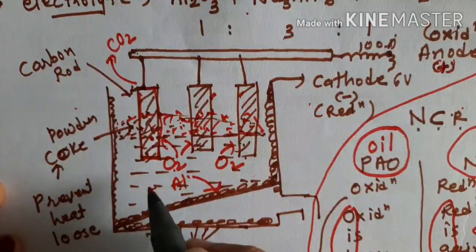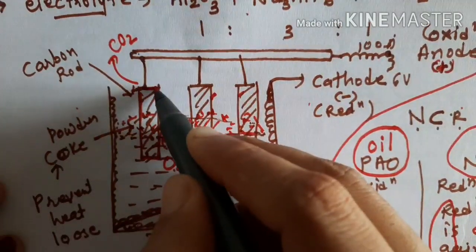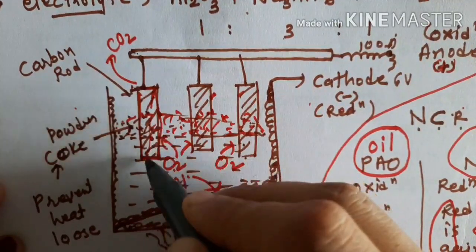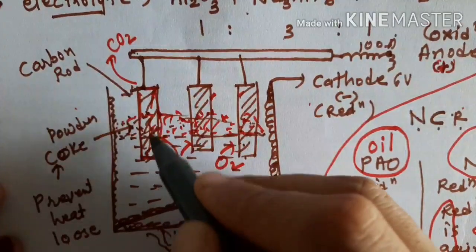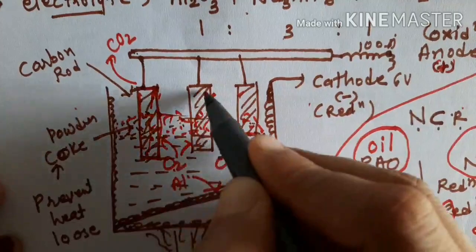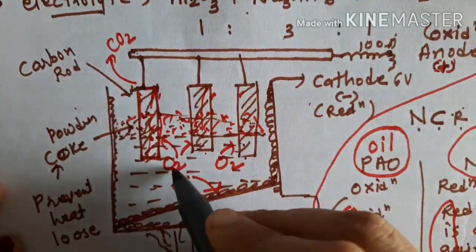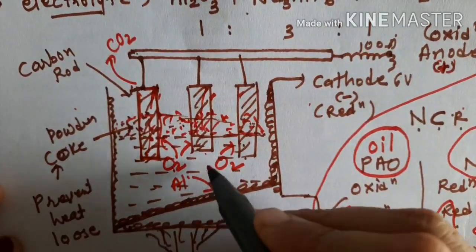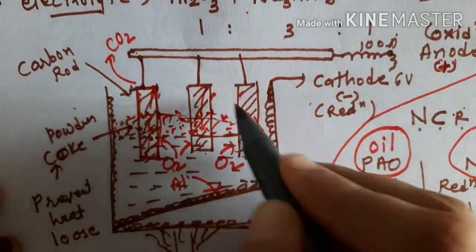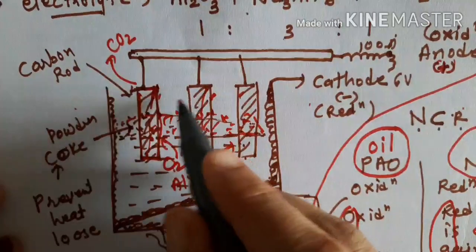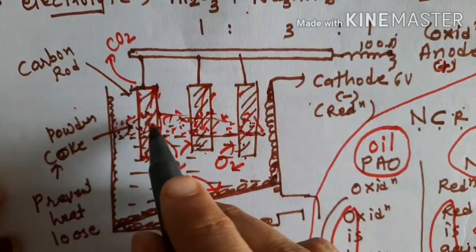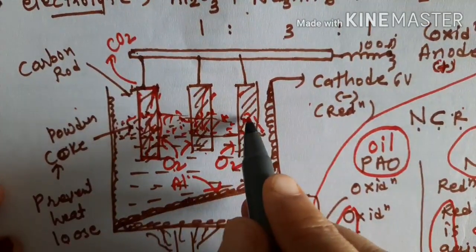After some time, the anode rod which is made from carbon is slowly and gradually decreasing. The rod mass is decreasing slowly and gradually. Why? Because oxygen is continuously forming and reacts with the carbon and converts into carbon dioxide, which evaporates. So from time to time we need to replace this carbon anode.